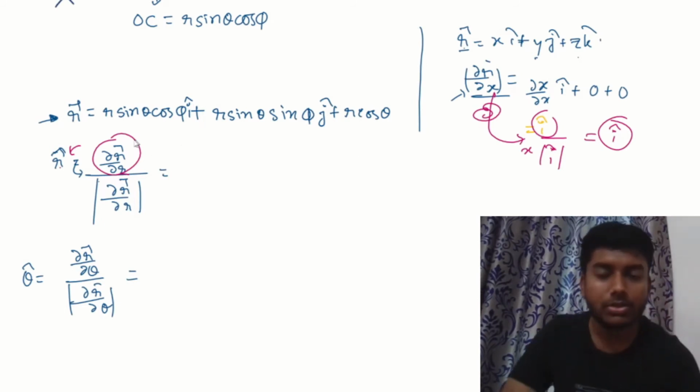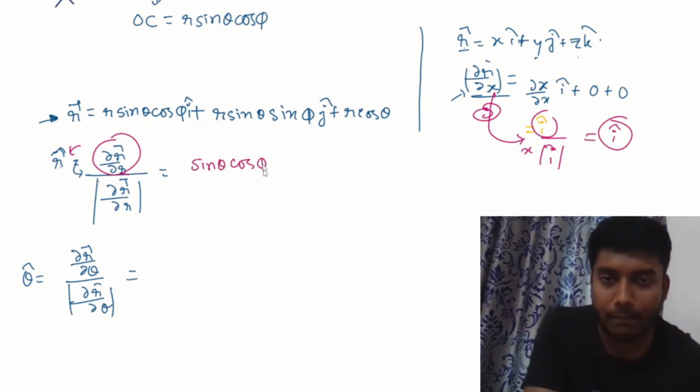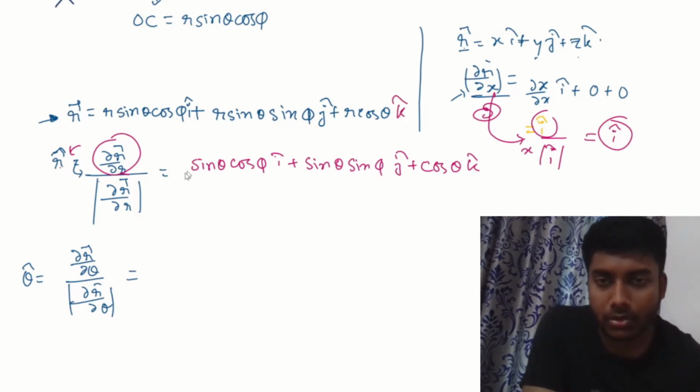Now, coming to the calculation section, if we do this, then we will get sin theta cos phi I cap plus sin theta sin phi j cap plus cos theta k cap. There is a k cap. So this is what this is.